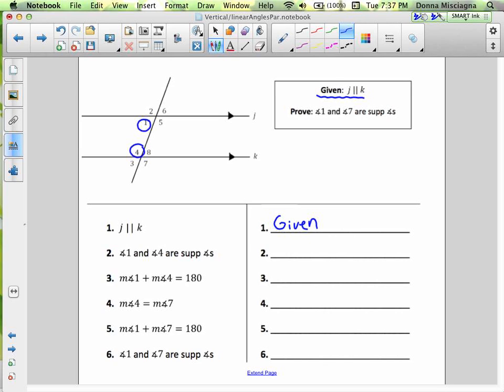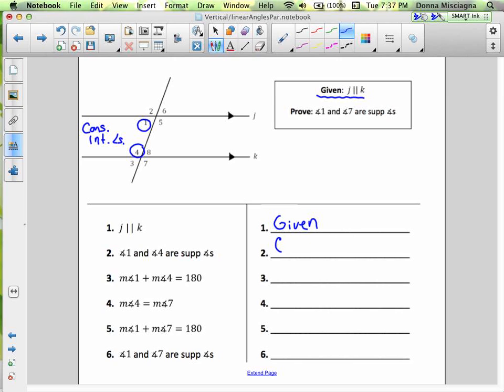And we know that consecutive interior angles are supplementary. Consecutive interior angles are between parallel lines on the same side of a transversal. So these here are consecutive interior angles. And if we know our lines are parallel, then those angles that are between the lines on the same side, the consecutive interior angles, have got to be supplementary.